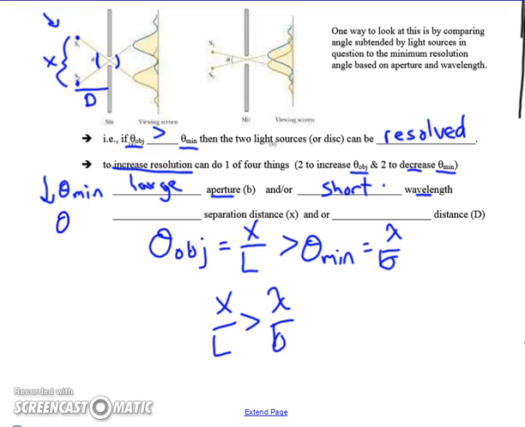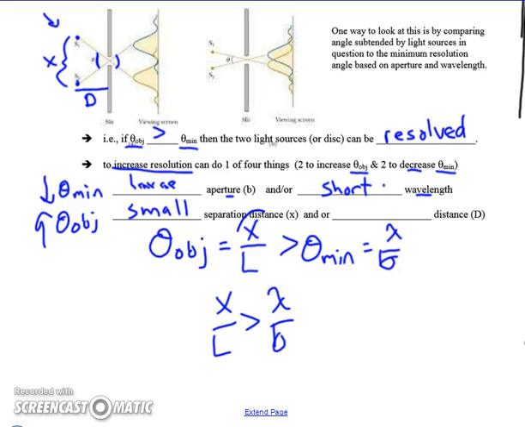From the theta object point of view, we want this to be a maximum, so there's 2 things we can do. We can decrease, or maybe that's not the right word for this context, but small separation distance, right?